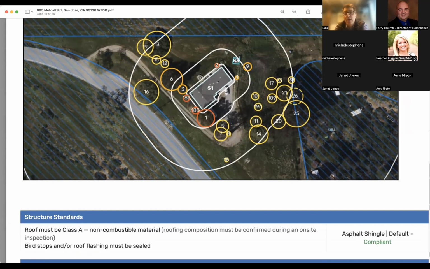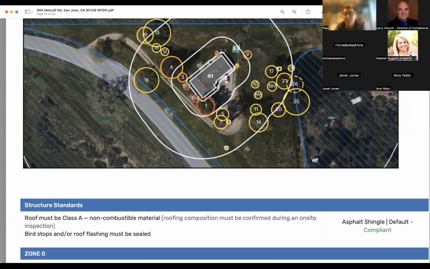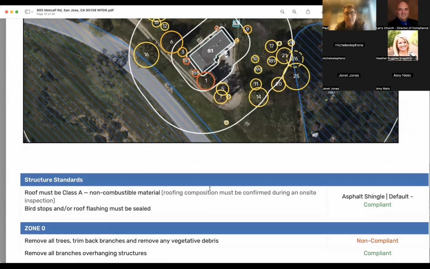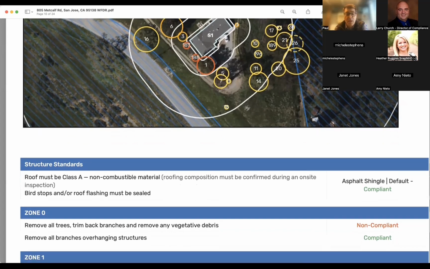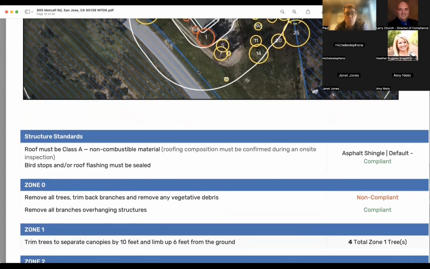And you can see quite clearly that none of them are intersecting the roof, even though tree 1 looks like it's getting close. So you can see from this aerial inspection that they're probably going to have non-compliance of these branches in zone 0. There may well be vegetative debris that we can't see here, but at least we know that there are some issues with the branches.